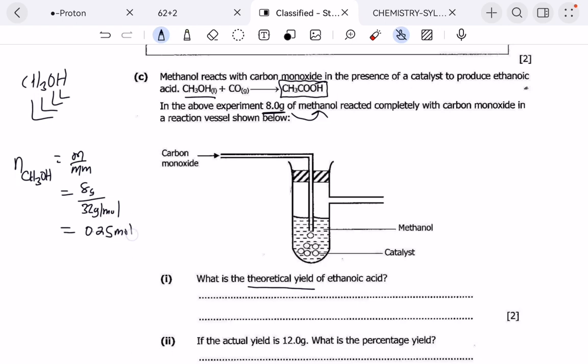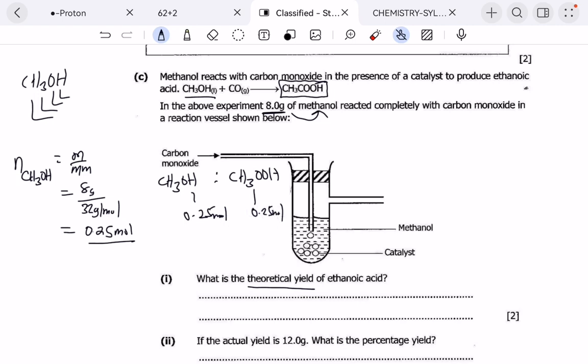which gives you 0.25 moles. So when we know the number of moles and they are reacting in the ratio of 1 to 1, so the ratio of this and the product is 1 to 1. Therefore, if this is 0.25 moles, then the product is also 0.25 moles.